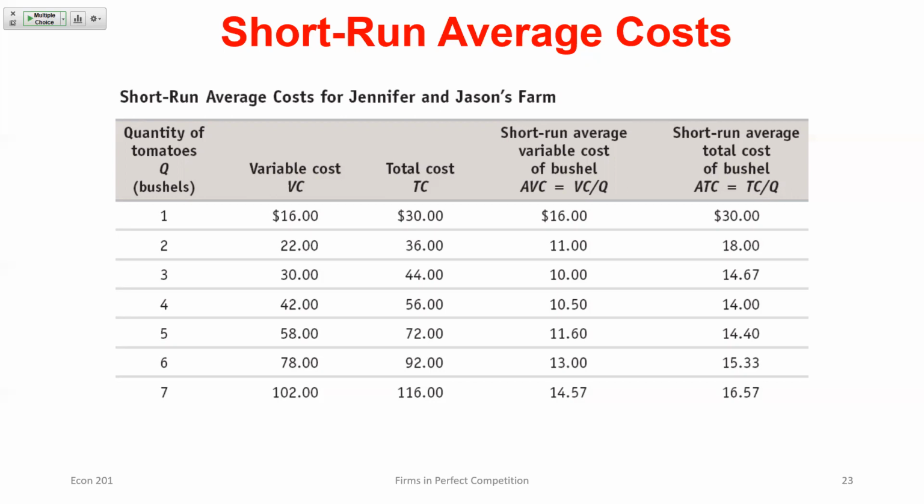So if I think about something like, let's say I've got 1,000 units and it cost me $1,000 to produce those 1,000 units. On average, how much did each unit cost me? $1. Because I had this total cost of $1,000, and I would just divide that by the 1,000 units I was producing.